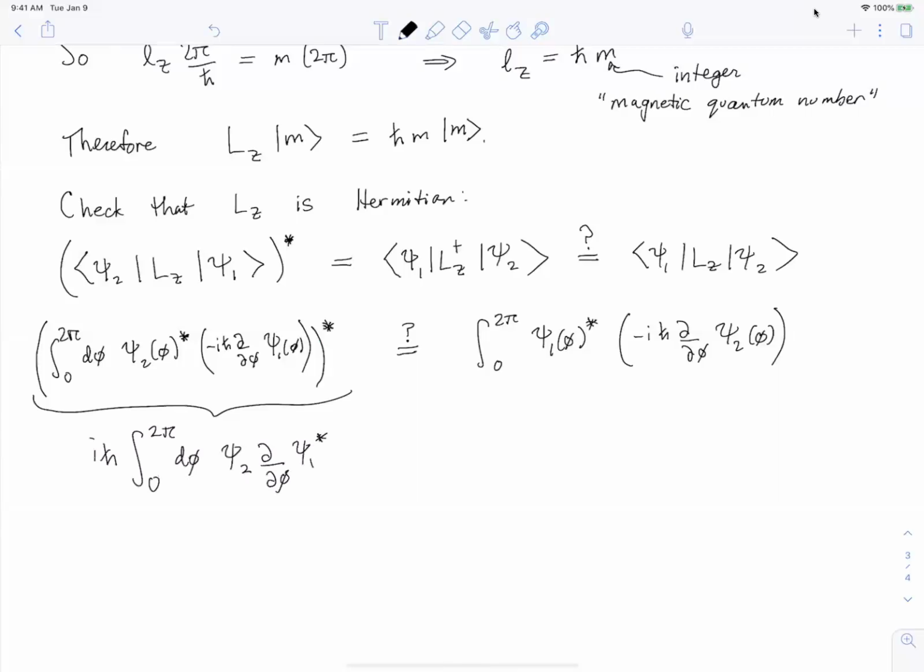I've decided to avoid clutter by taking off the phi as an argument. This is supposedly equal to, on the right-hand side, minus i h bar, integral 0 to 2 pi d phi of psi1 star partial phi psi2.